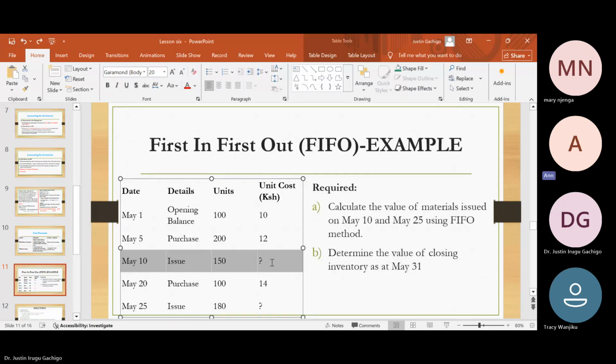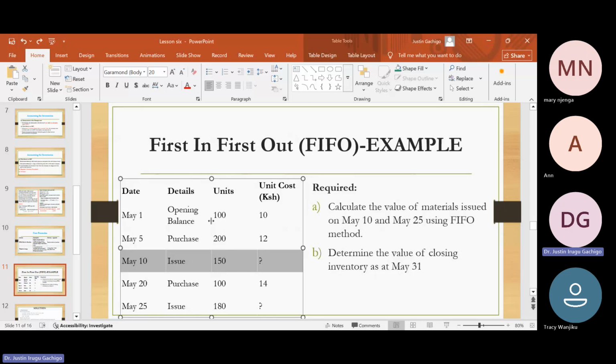The first 100 at 10 shillings, then the rest, the 50 at 12 shillings. Or 50, right? Yeah, the deficit will be 50.